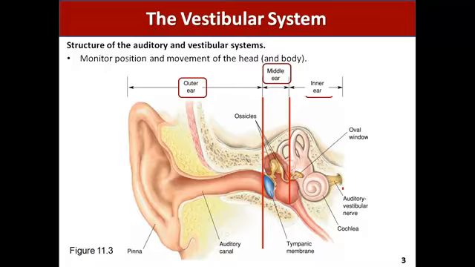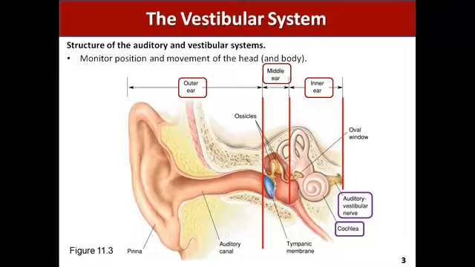But our concern here is with the inner ear, which contains, for the most part, the structures that form the vestibular system that will eventually transmit information through the vestibular nerve portion of the auditory vestibular nerve.